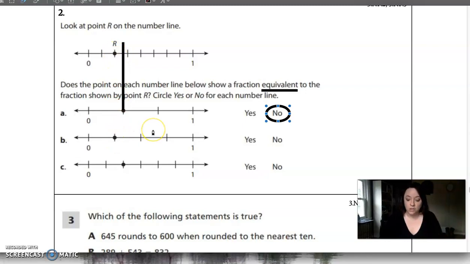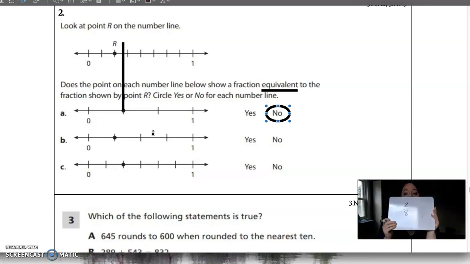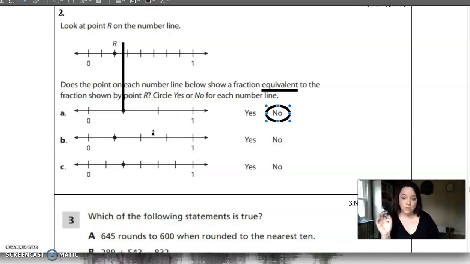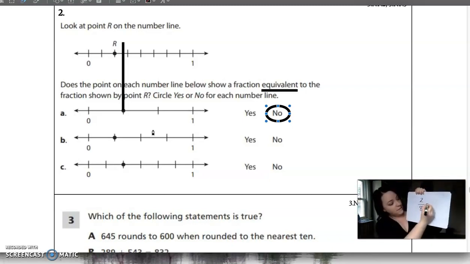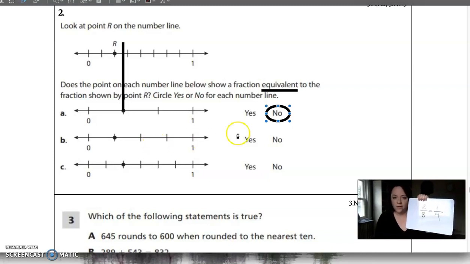Well, I'm going to show you on my board what 2/8 looks like, because I remember teaching my class about this little trick, and you guys are going to learn more about it in 4th grade, but I'm going to show you. So 2/8. Now, if I take the 2/8, 2 divided by 2 is what? 1. 8 divided by the same number, so 8 divided by 2 is 4. So does that equal 1 fourth? Yes, it does. So we're going to circle yes.